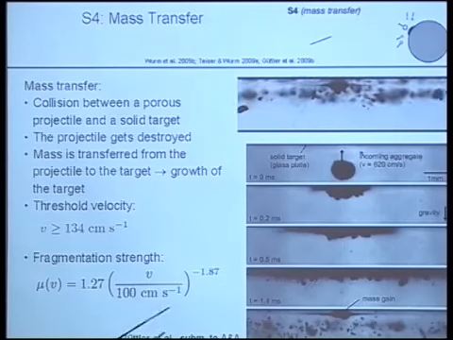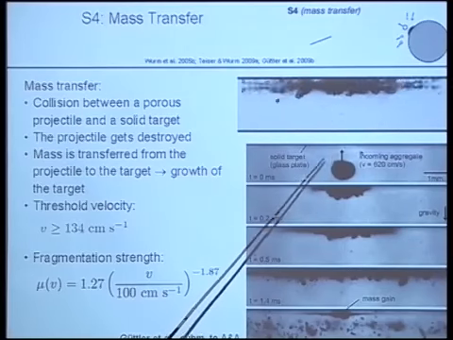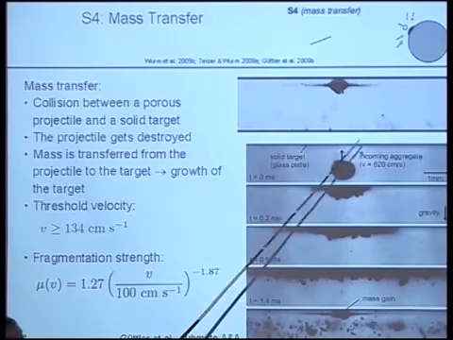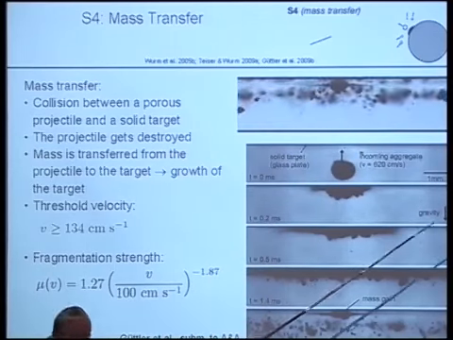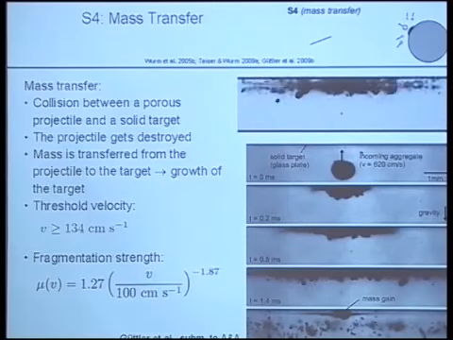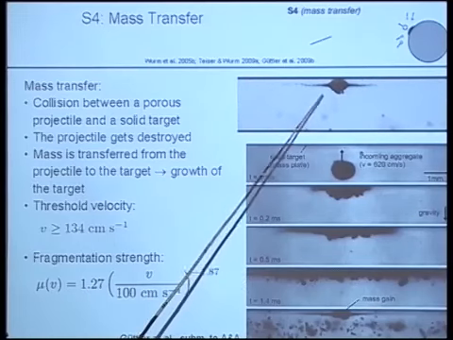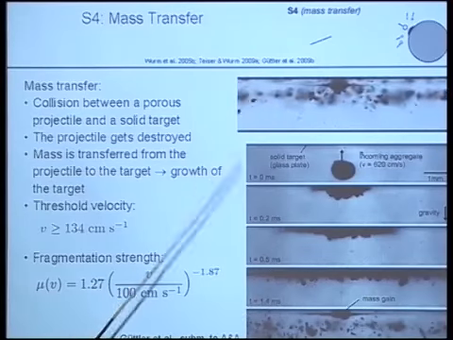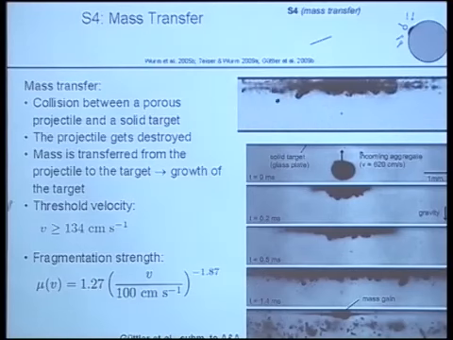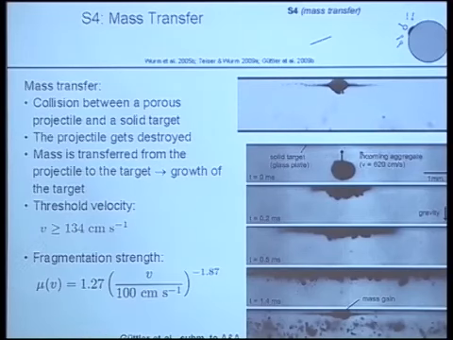Okay, another experiment done in the lab this time, but the particle aggregate comes from the bottom and hits a target on top. And the target, this is the gray color, is a dense target. And it happens at high velocities, and you see some fragmentation. The fragments fall down again, but against gravity, this pile sticks here. So the solid target gains some mass, and we found out in experiments that you need at least about 1 meter per second velocity.